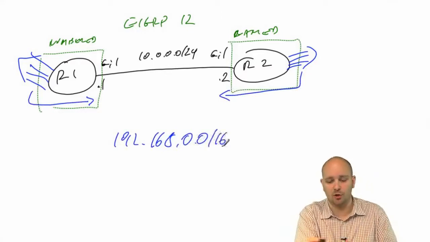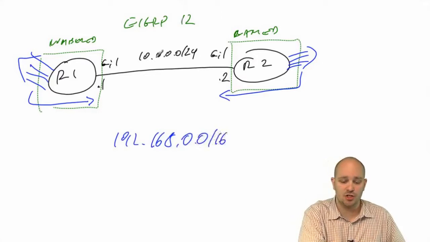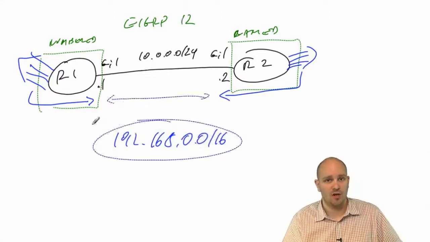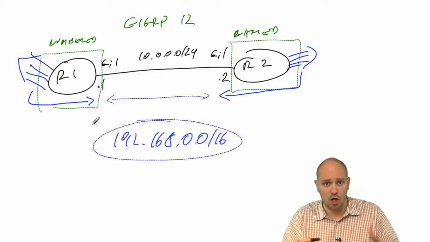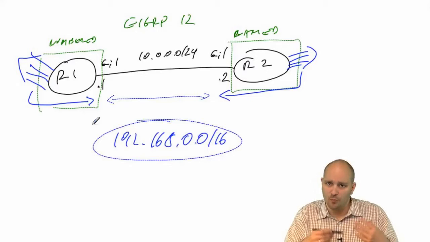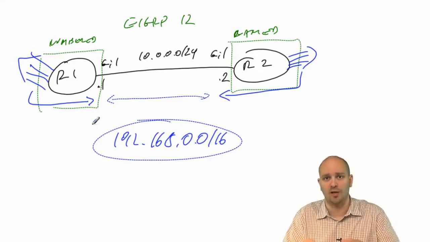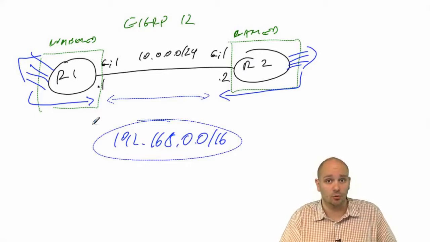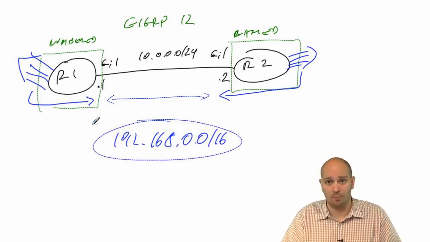So all the routes that we are going to be seeing in this EIGRP exchange between R1 and R2 will be from this range. But as we will see, there's going to be a large number of these subnets. So we are going to look at how we can summarize them, where we can summarize them, and explore some of the options. And we are definitely going to look into how discard route loop prevention works.